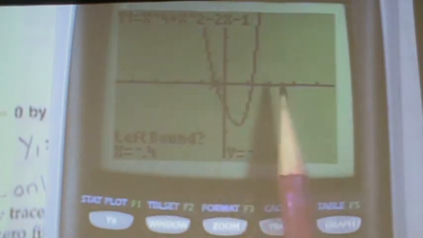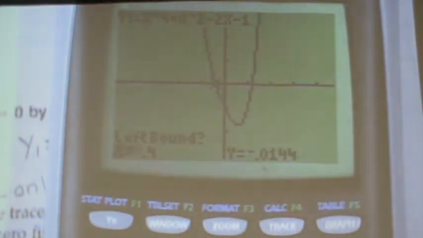You could do 0 and 2 if you want. So 0, enter, 2, enter, enter. And your next 0 is 1.184. Got it? Okay. And there's the picture of what we just did. We just found both of them right there.